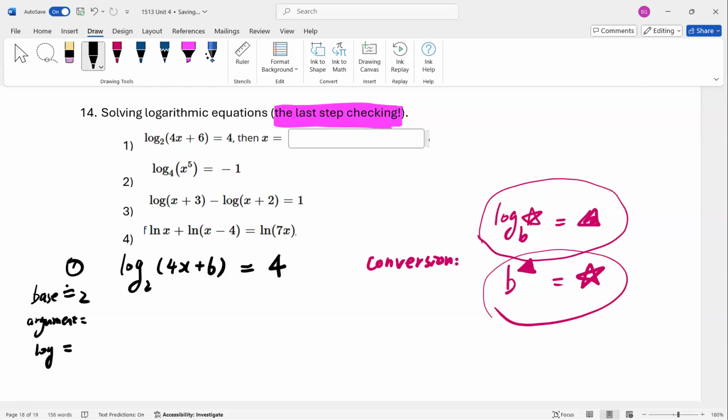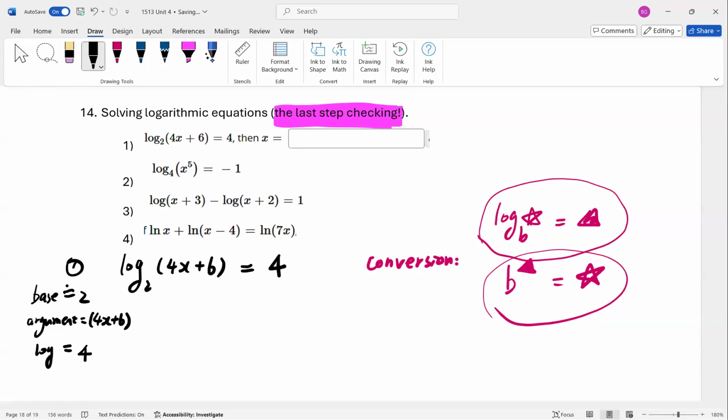On the left side of the equation, log with base 2 of 4x plus 6. The argument is 4x plus 6. We use parentheses to frame it, which indicates the whole thing, right? What's the log? 4. Perfect.